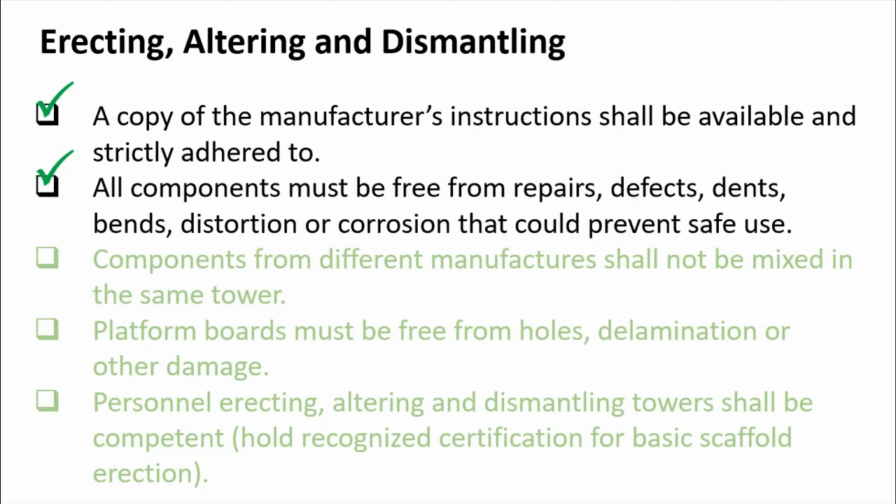All components must be free from repairs, defects, dents, bends, distortion, or corrosion that could prevent safe use. When there is damage on the components of the scaffolding, it will lessen the safe working load of the mobile scaffold. At the same time, you cannot fix it properly because of that damage.